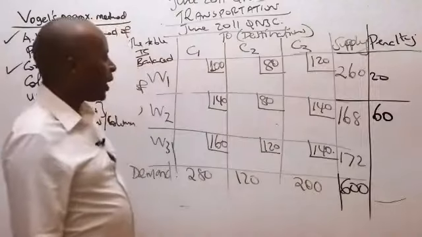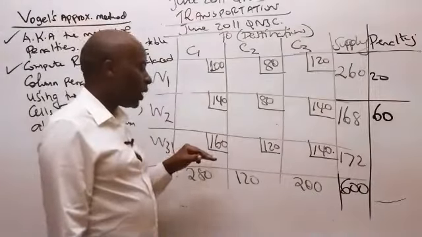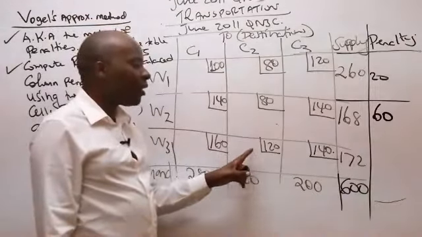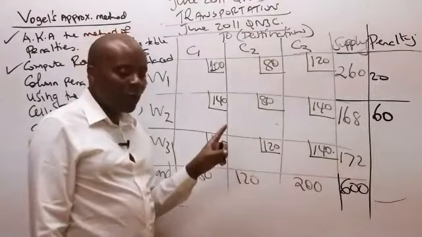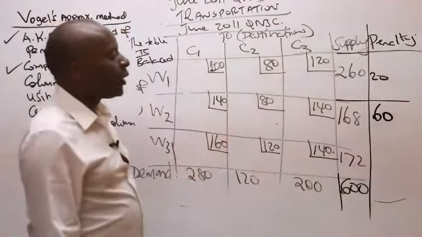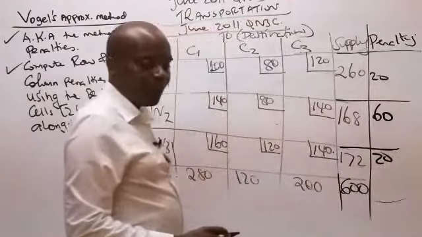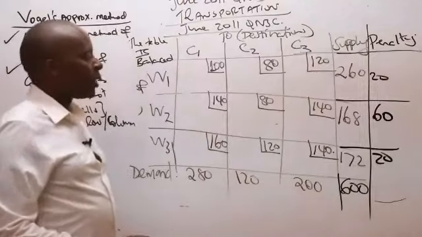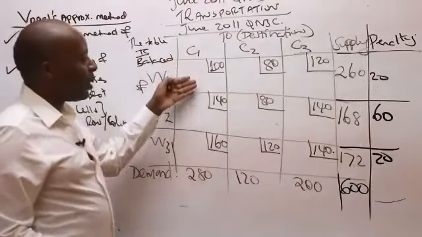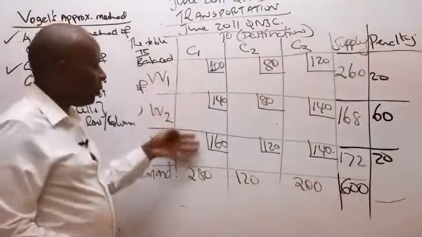Ladies and gentlemen, after that, we go to the third row. The very best is 120, followed by the second best, which is 140. When I subtract the two, I come up with a penalty of 20. So let's go to column number 1. Who is able to advise me?